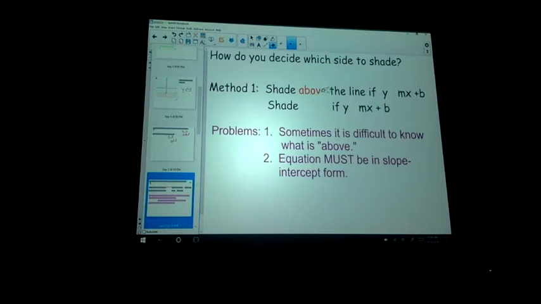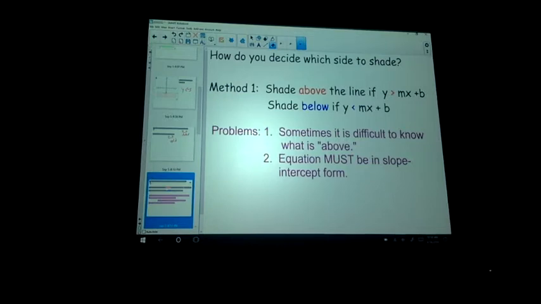Shade above. So shade above if the line is y is greater than mx plus b, and then shade below if y is less than mx plus b.